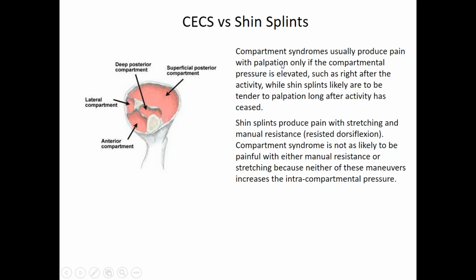Compartment syndrome usually produces pain with palpation only if the compartmental pressure is elevated, such as right after the activity. So if we have the anterior compartment, this here is our calf, this here is our front, our shin, and this here is the anterior tibialis muscle.